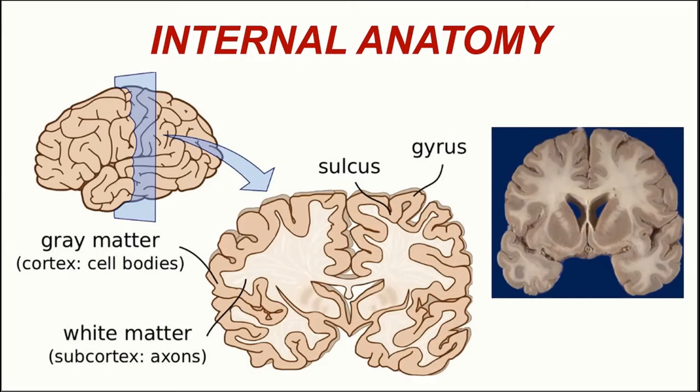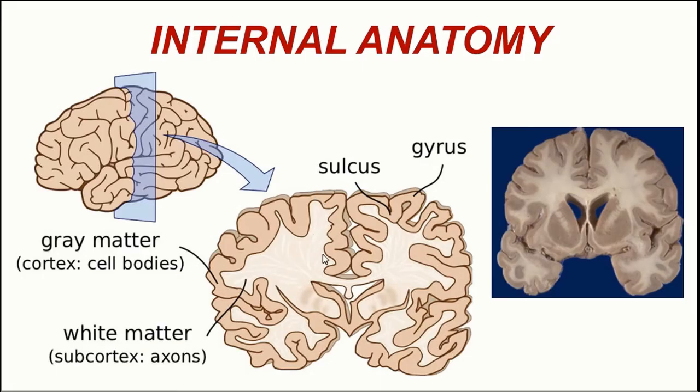So superficially, we see that there's a thin layer of gray material that's referred to as the cerebral cortex, while the deep matter is white in color. So what we see in the cerebral cortex is that the cortex mostly consists of billions of neuron cell bodies, dendrites, associated glial cells, blood vessels, and things like that.